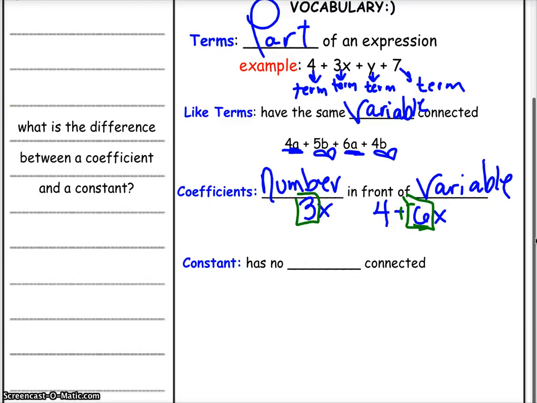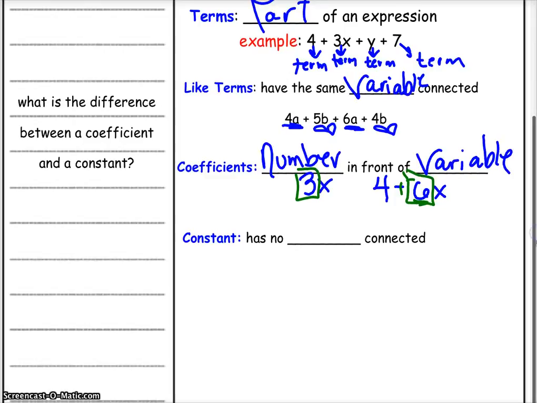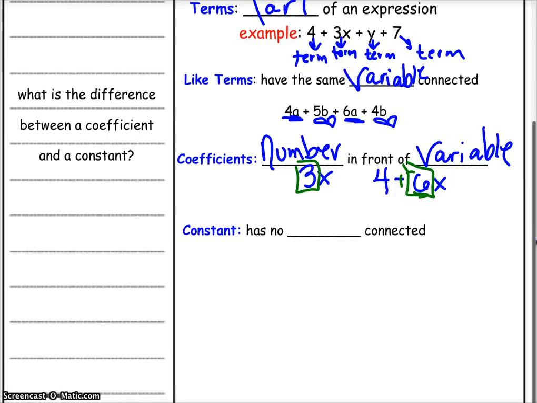Okay? That's the rigor level that will be increased. We'll have these hidden negatives, and your expectation is to hunt them down. Okay? They are hiding everywhere. And constant stays constant. It doesn't vary. Doesn't vary means it has no variable.